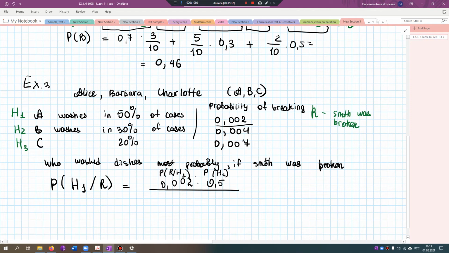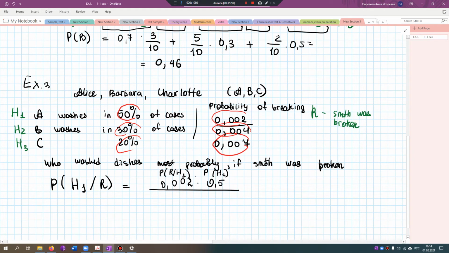And in the denominator, we will have a sum of probabilities multiplied by other probabilities. So we will need to multiply this probability by this one, this probability by this one, this by this one, and sum them up.